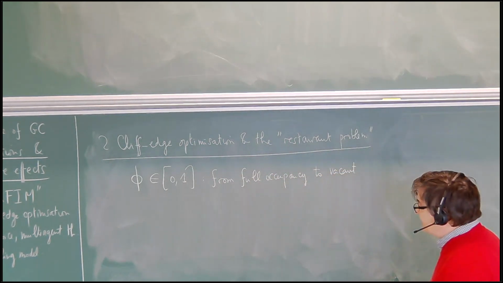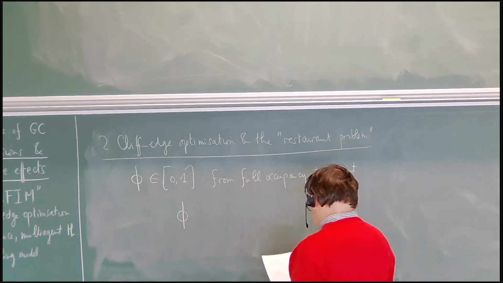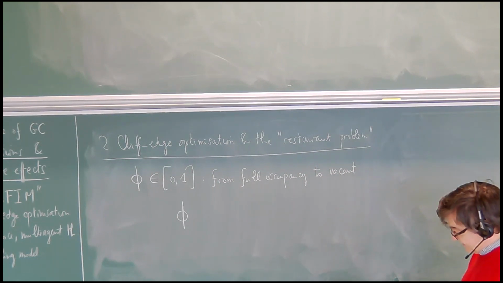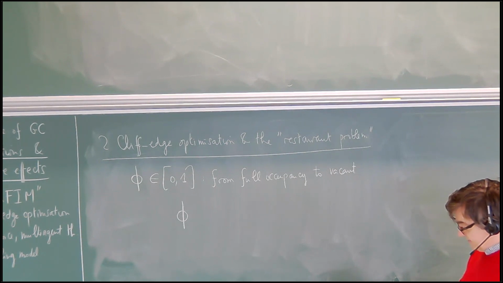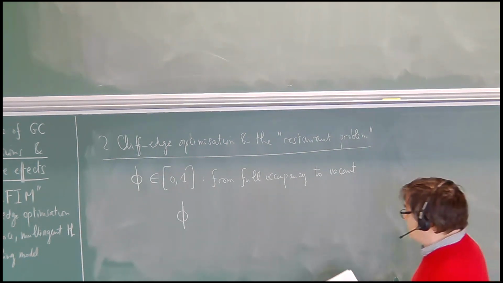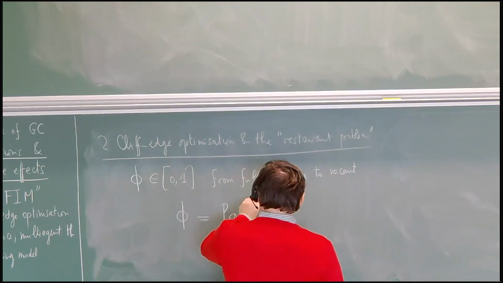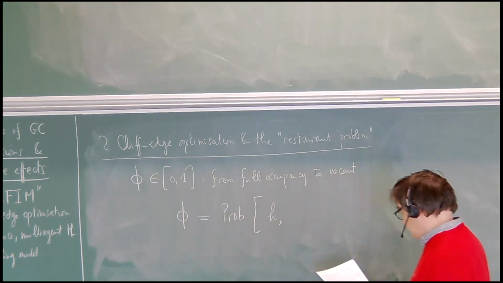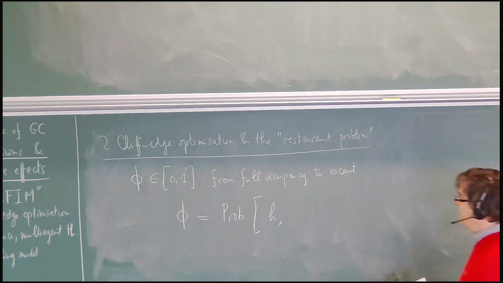And what determines phi is a combination of idiosyncratic preferences. People like some kind of food, others don't. Prices and social pressure. So what I'm going to say is that phi is the probability that h_i, the same interpretation as before, which is called, in this context, the propensity or the willingness to pay.